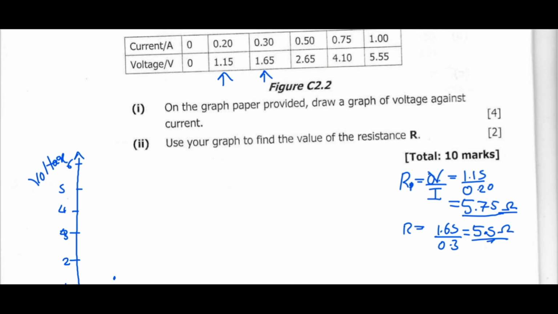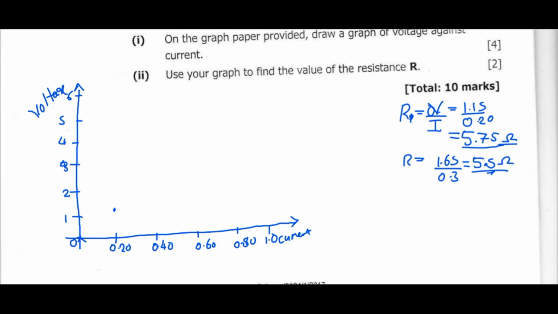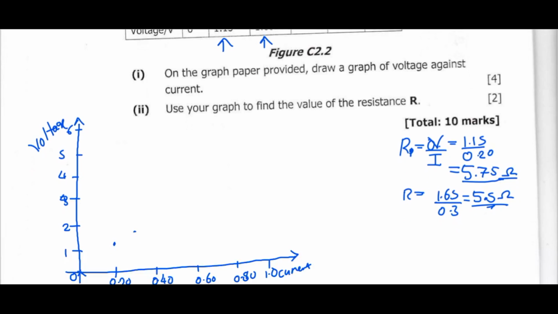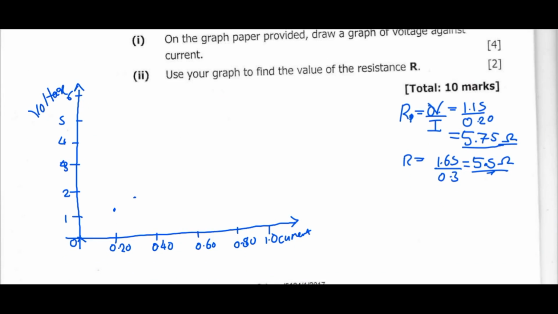Then 0.30, 1.65, 0.30 is in between, somewhere here. So 0.50, 2.65, somewhere here.